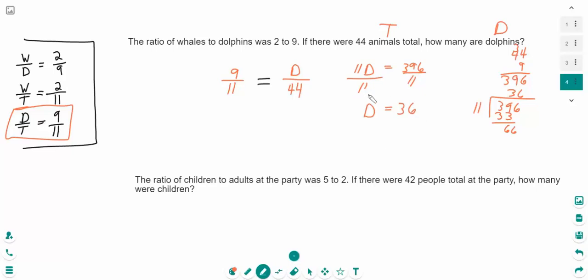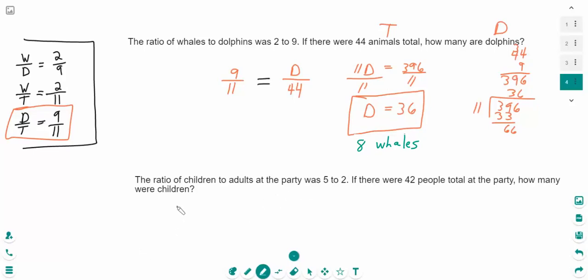So we end up with the number of dolphins equaling 36 when we have a grand total of 44 animals. Which again, if we wanted to take it one step further, we could say that if there's 36 dolphins and there's 44 animals total, that's going to give us, what, 8 whales? Okay, just as a side note.